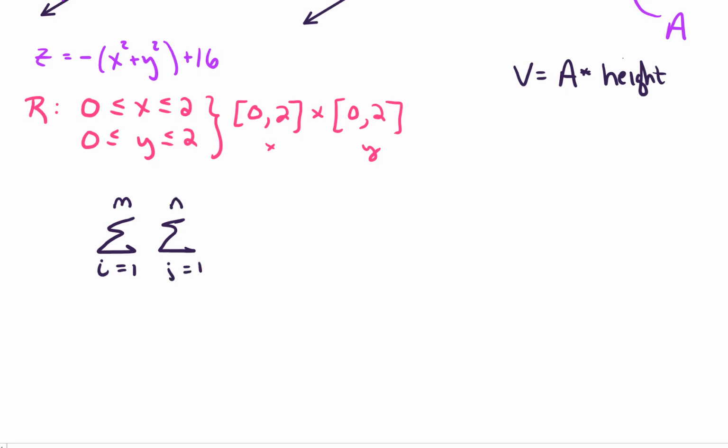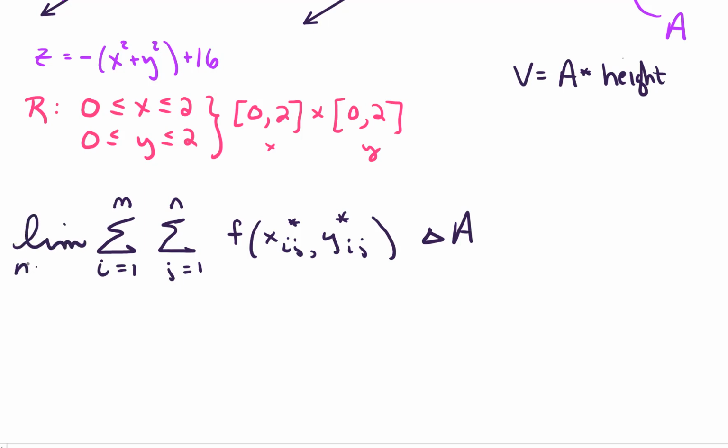We've got x and y directions to take account for, and then we'll be taking these x star, y star points that live in the ijth rectangle, times delta A. And when we take the limit as n and m go to infinity, this is going to give us the double integral over some region R of f of x y dA.